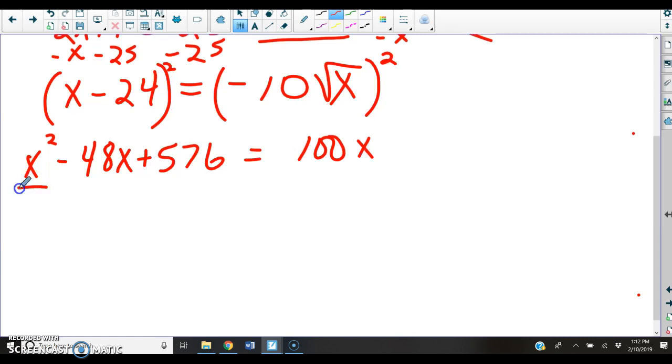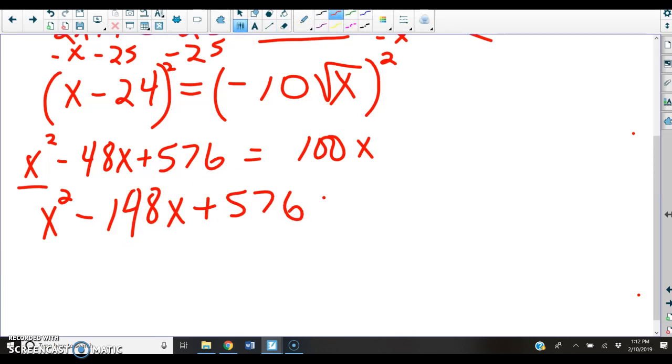Okay, it's quadratic. You need to set it equal to 0. So that's minus 148x plus 576. Okay, now I think that is going to be 144 times 4.